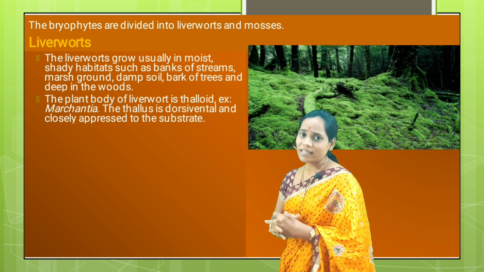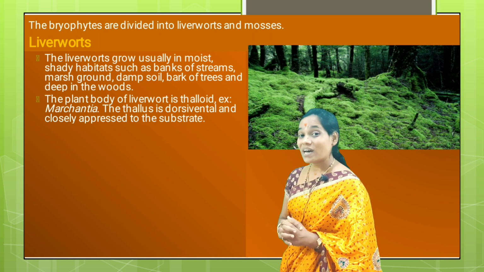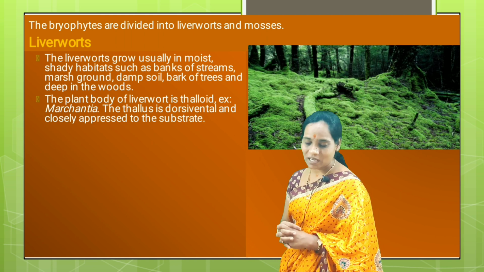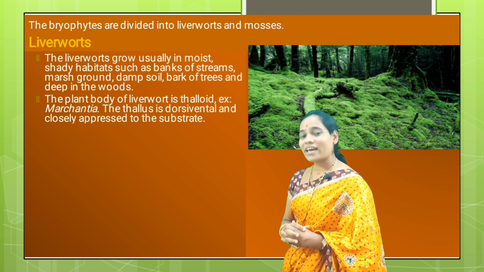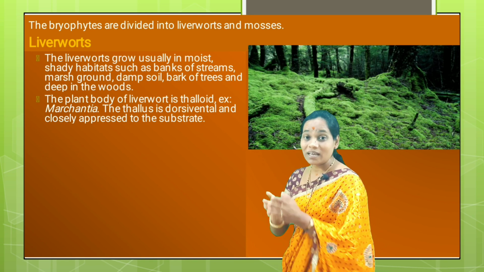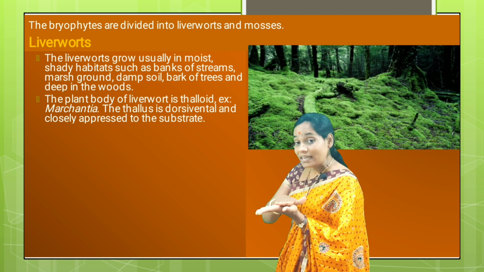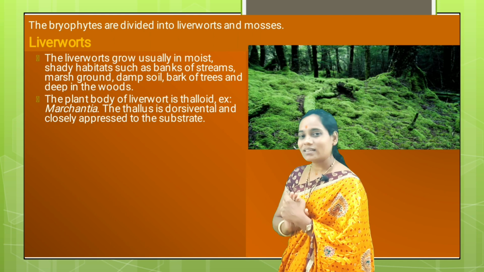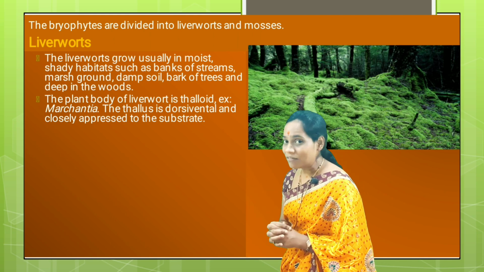For thalloid plant body, you can take Marchantia as an example. Remember, for thalloid plant body, you can take Marchantia as an example, where you can find the thallus is dorsiventral.